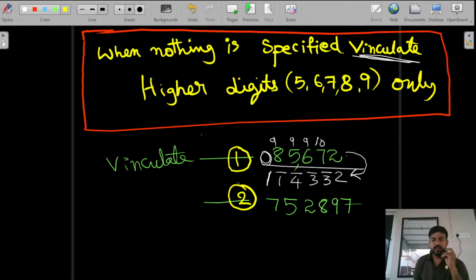So try to do example 2. When nothing is specified, vinculate higher digits only.